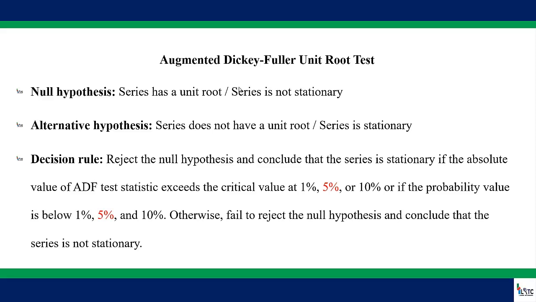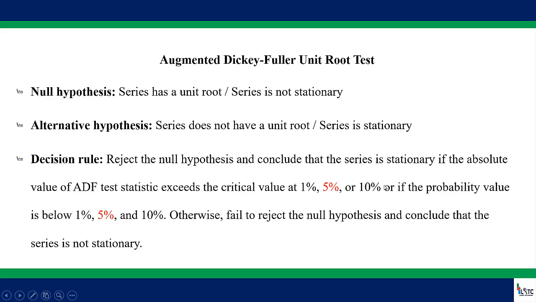Or if the probability value is below 1%, 5%, and 10%. Otherwise, fail to reject the null hypothesis and conclude that the series is not stationary. So this is the decision rule.